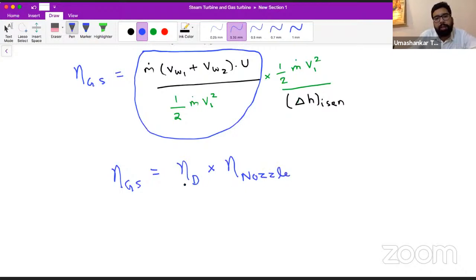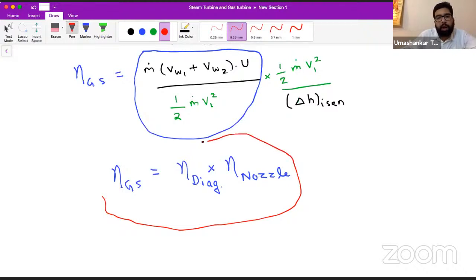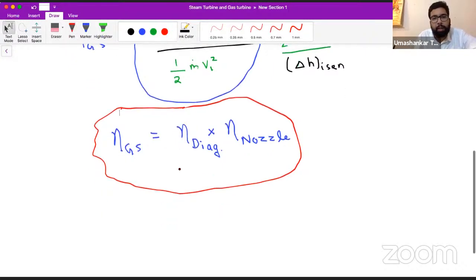So can we say that our gross stage efficiency is nothing but the product of diagram efficiency and the nozzle efficiency?